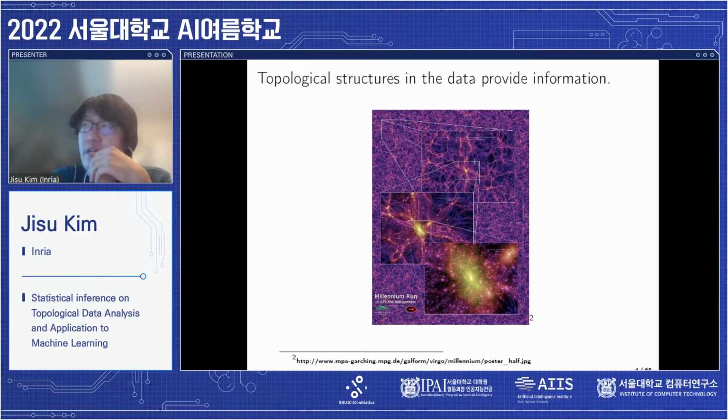So this kind of spiderweb-like structure is called the cosmic web in cosmology. And this cosmic web structure gives some idea of what the initial conditions of the universe were. So this topological structure tells you some information about the beginning of the universe.